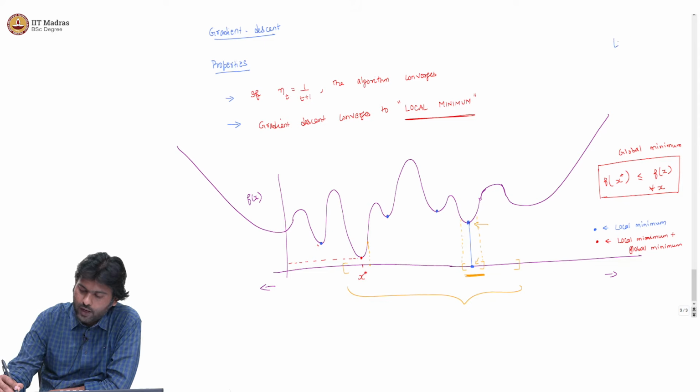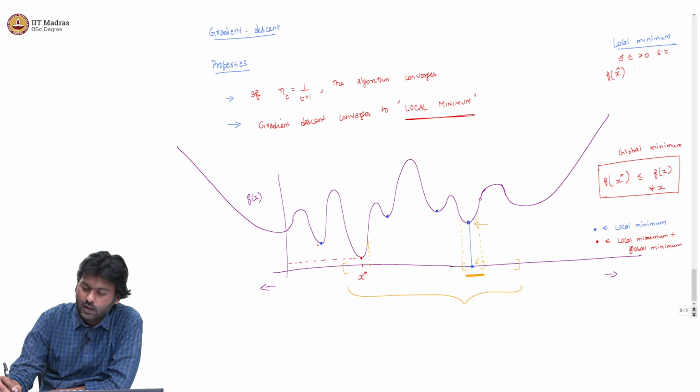So, how do I define a local minimum? Well, the formal definition is that there exists an epsilon greater than 0 such that f of x hat, let us call this x hat, is less than or equal to f of x for all x in x hat minus epsilon comma x hat plus epsilon, in this interval, right.